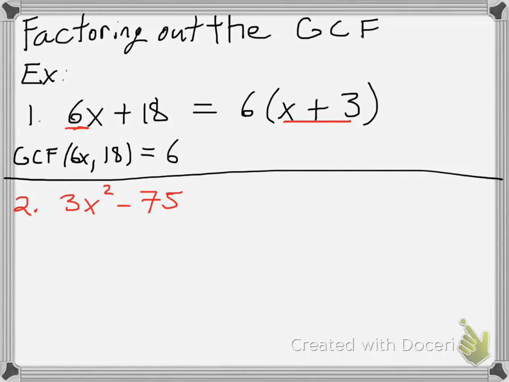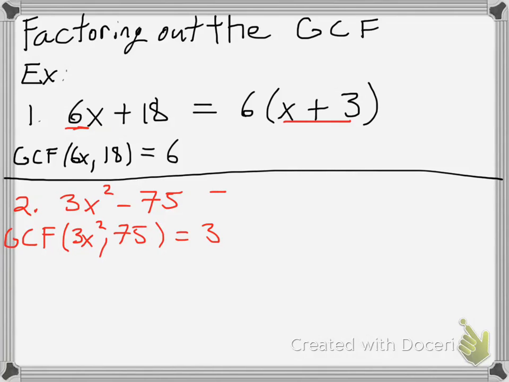Well, 3 times 25 is 75, so the 3 is going to be the greatest common factor. We can't be larger than 3. So I'm going to go ahead and say the greatest common factor of 3x squared and 75 is 3. And that's what we're going to go ahead and factor out.